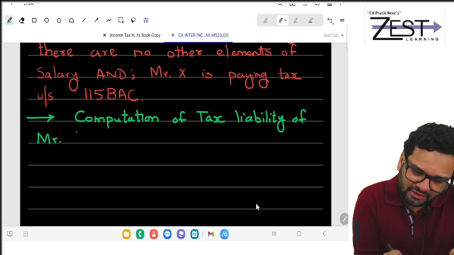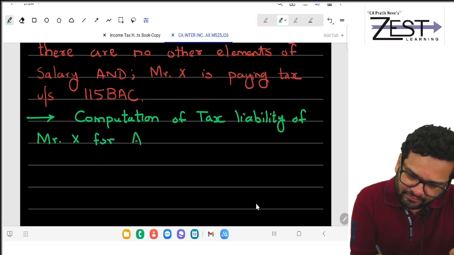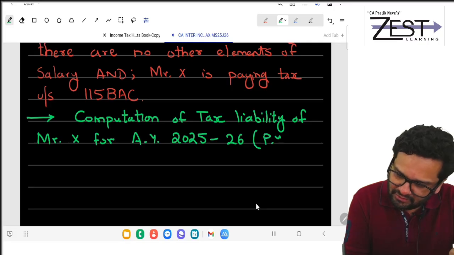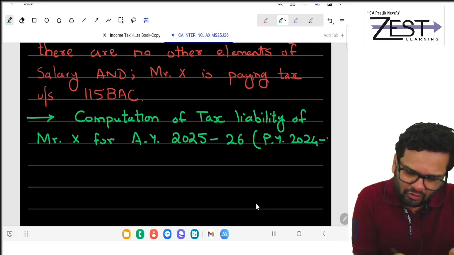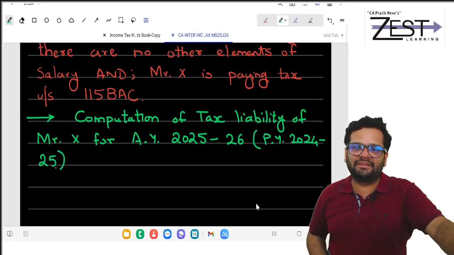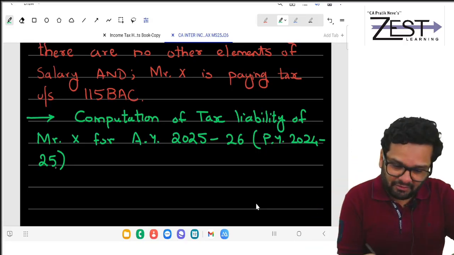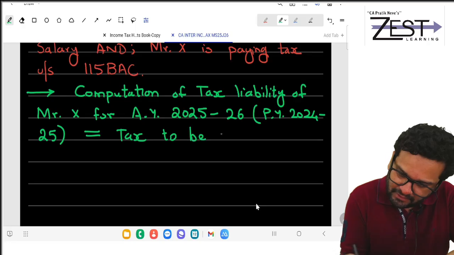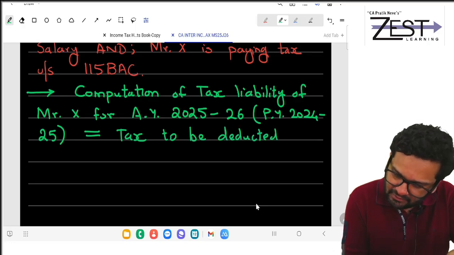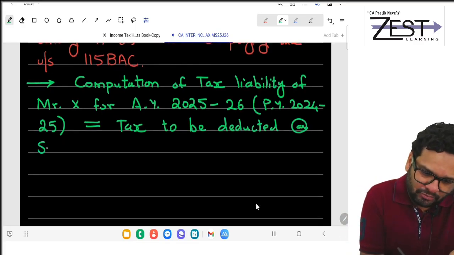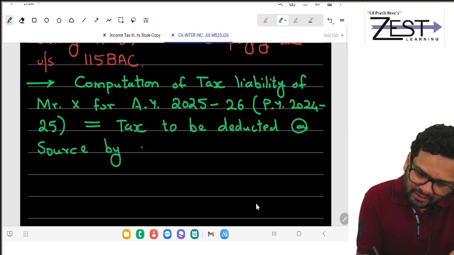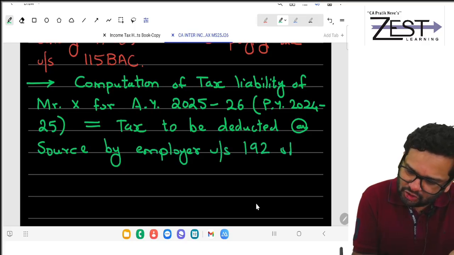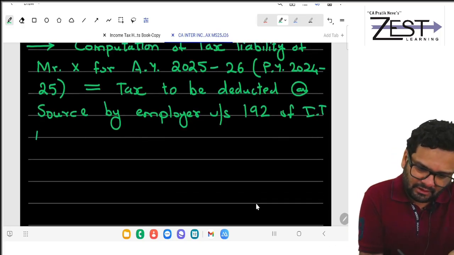Computation of tax liability of Mr. X for AY 25-26, relevant to PY 24-25, which is equal to tax to be deducted at source by the employer under section 192 of the Income Tax Act.